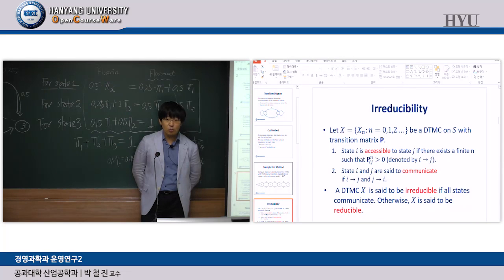Not just the one-step transition probability, but as long as we can move from state I to J with positive probability in a finite number of steps, then we call this I is accessible to J.